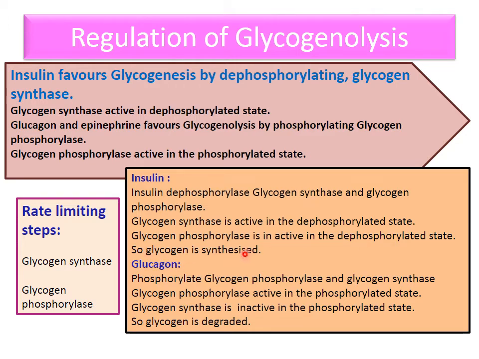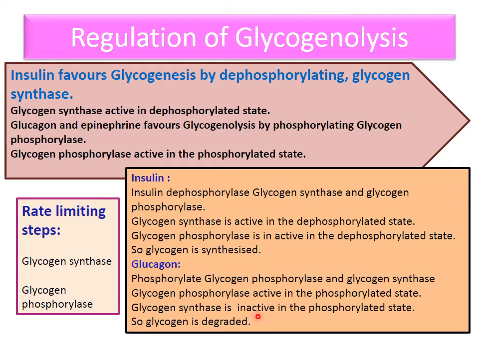So glycogen is synthesized. Glucagon phosphorylates glycogen phosphorylase and glycogen synthase. Glycogen phosphorylase is active in the phosphorylated state, whereas glycogen synthase is inactive in the phosphorylated state.